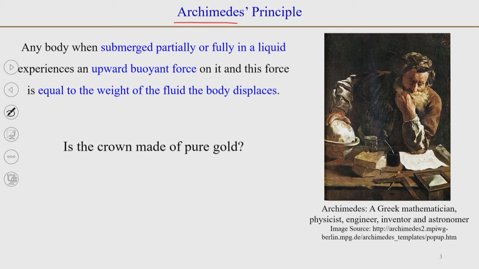The way Archimedes wanted to find its purity was by looking at the density. He could measure the weight of the crown, but because the crown is of irregular shape, the question he asked himself was how can I measure the volume of this.